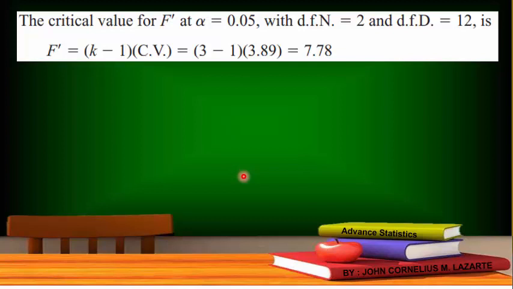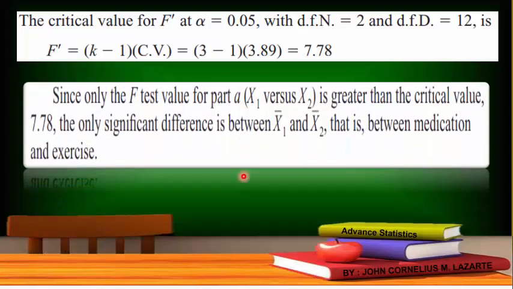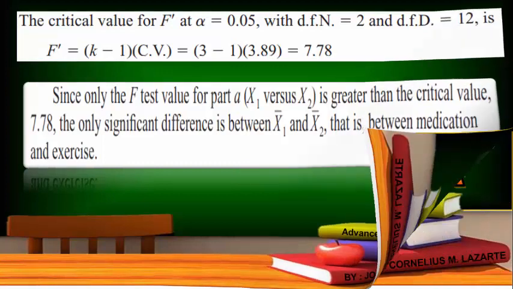We obtain 7.78. Since the only F sub s value, for part A, the comparison of the first and the second mean, is greater than the critical value 7.78, the only significant difference is between the first and the second mean, that is, between medication and exercise.